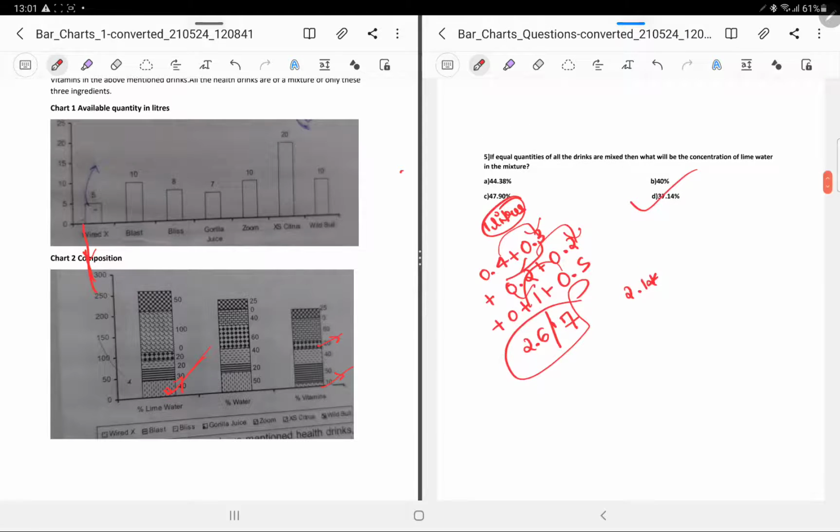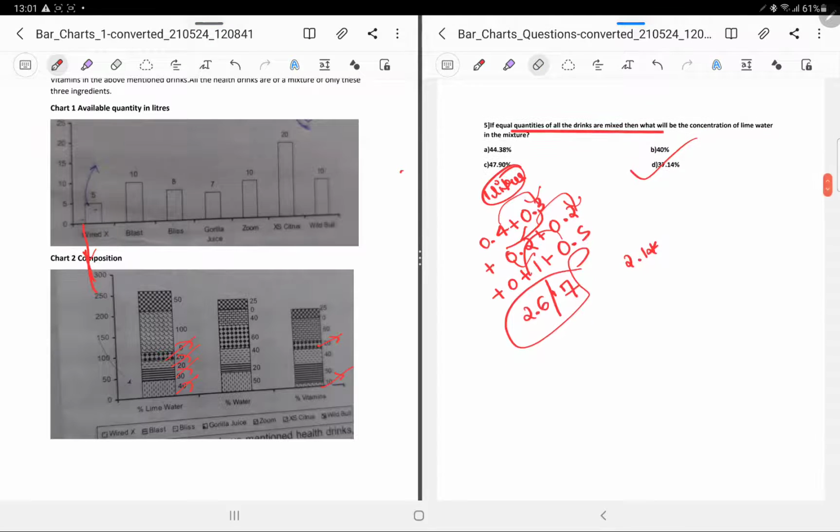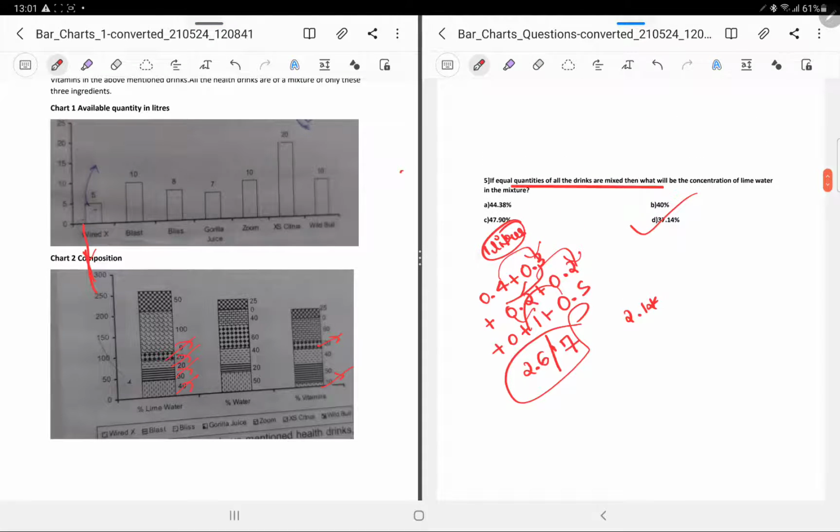What we did was, if equal quantities of all the drinks are mixed, a better approach is taking them all equal to 1 liter. Out of 1 liter, if wired eggs was 1 liter, 0.4 was this, 0.3 was this, 0.2 was this, 0.2 was this. So I think that's all from this question and this set.